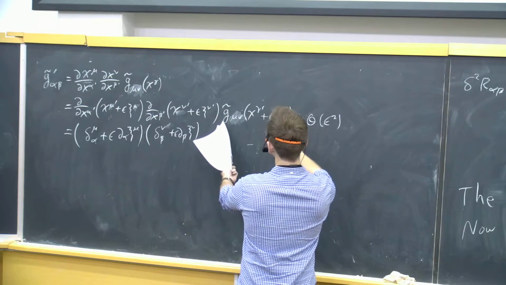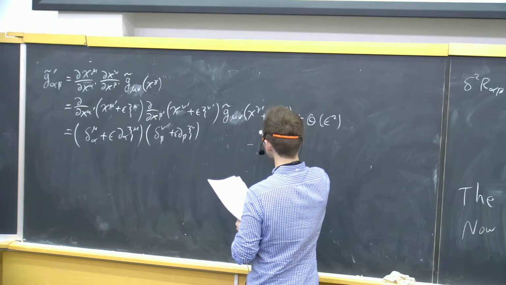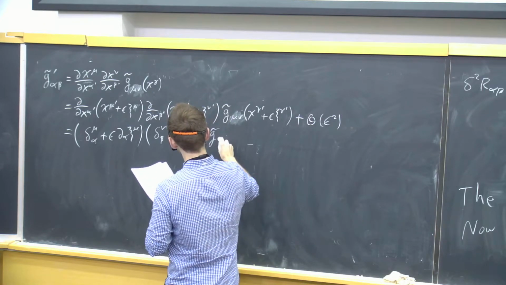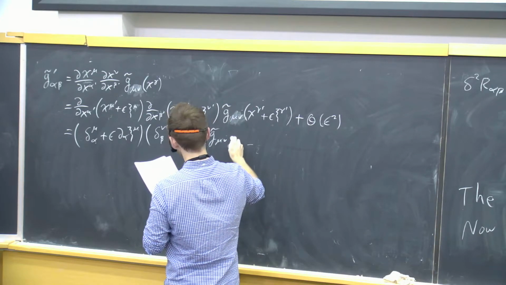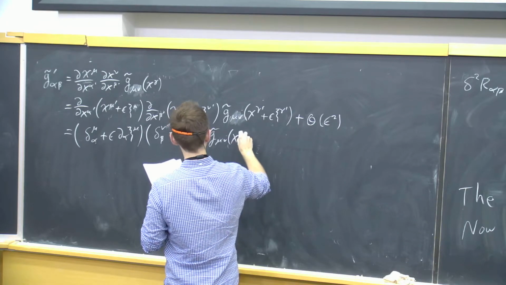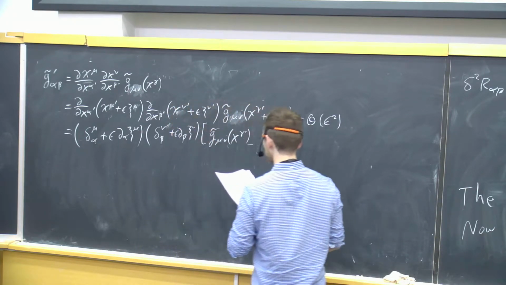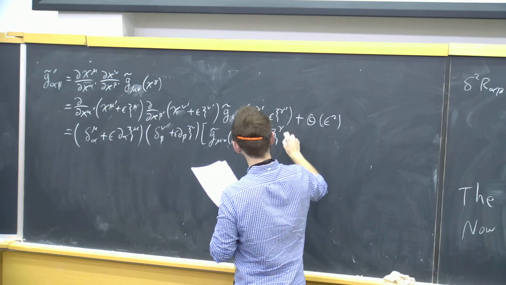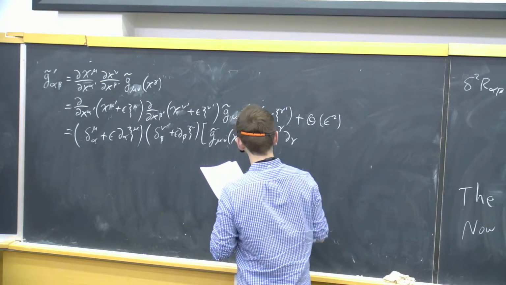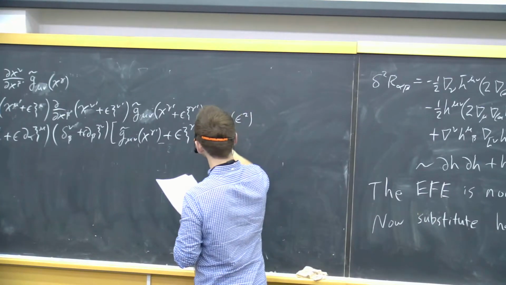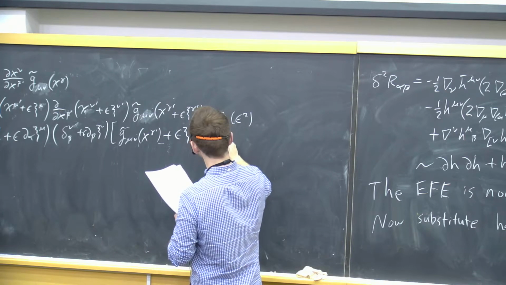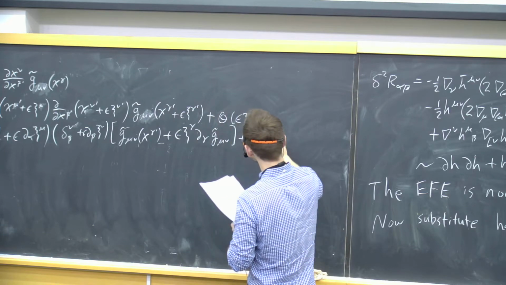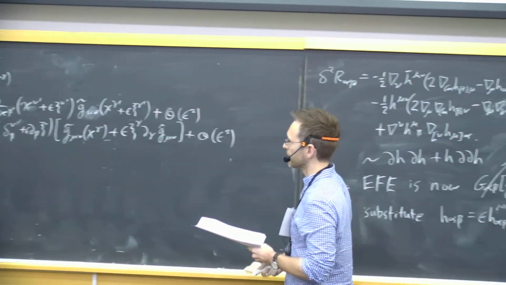And let me do a Taylor series expansion of g tilde in powers of epsilon. So we have g tilde mu nu evaluated at x gamma prime plus epsilon xi gamma times the derivative of g tilde mu nu, and again omitting epsilon squared terms.